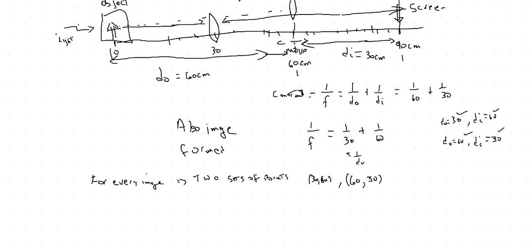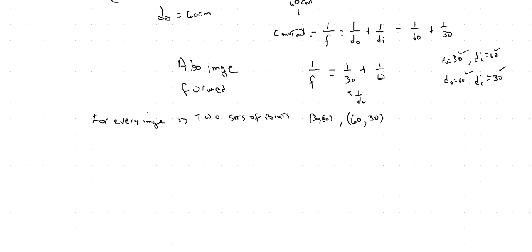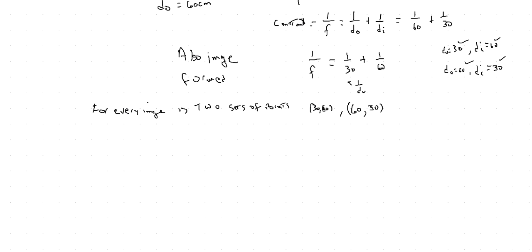All right, so how are we going to use this? Well, what we're going to do is a graph. Suppose DO was equal to 60 centimeters. Well, what is 1 over DO? 1 over DO is equal to 1 over 60. And 1 over 60, if I put it in my calculator, 1 divided by 60 is 0.0166666, so I'll put 0.017.